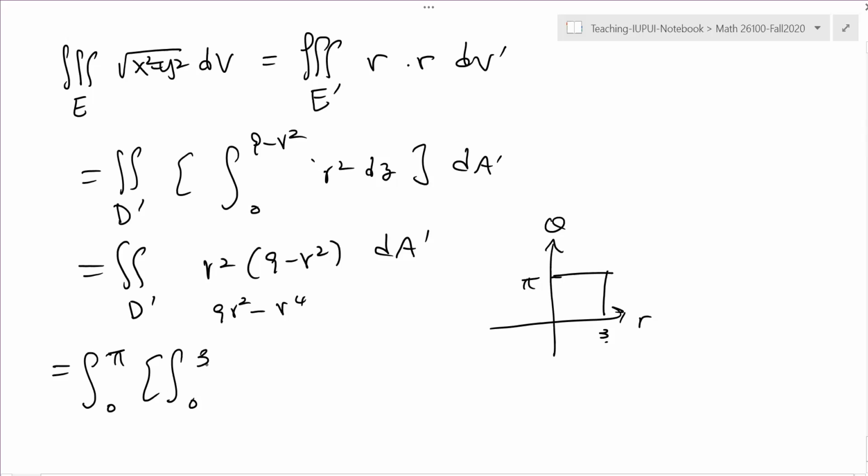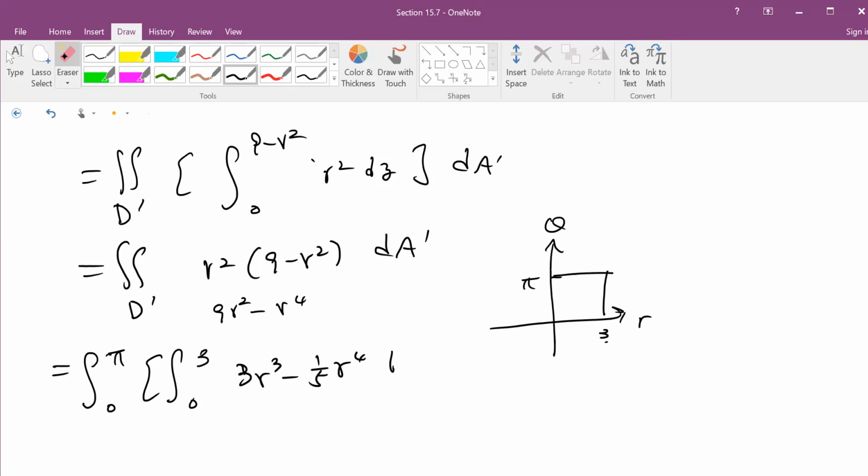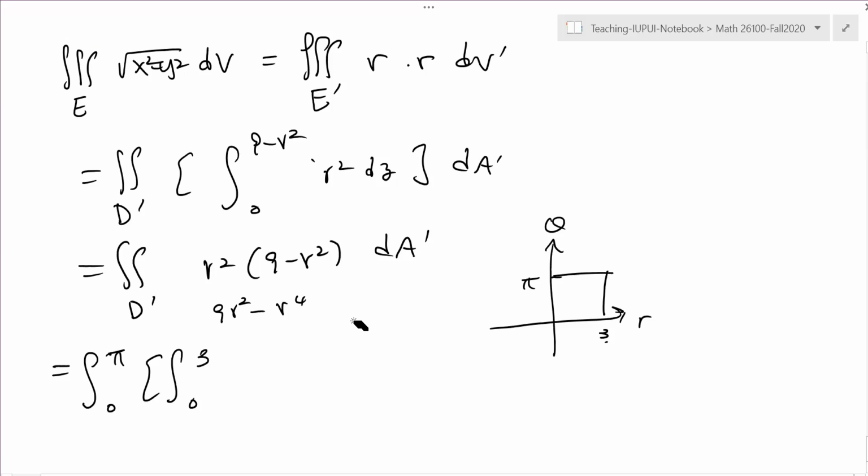Then the antiderivative will be 3r cubed minus r to the 4th. Don't do that yet. It's 9r squared minus r to the 4th, d theta.